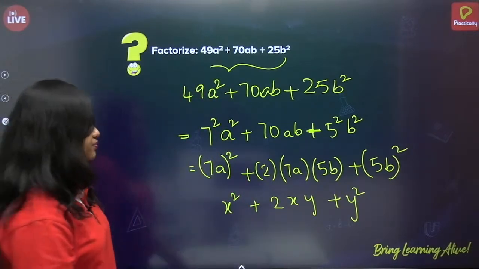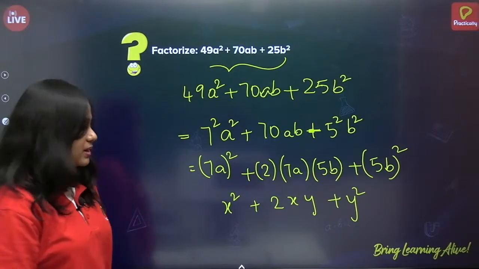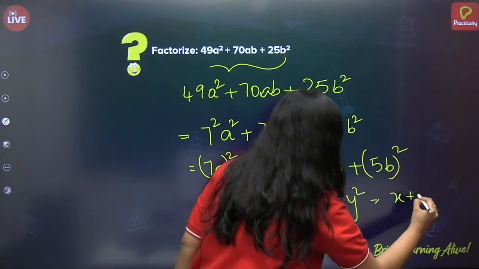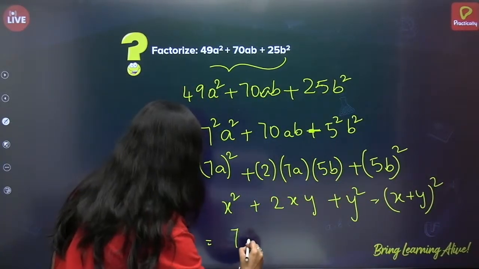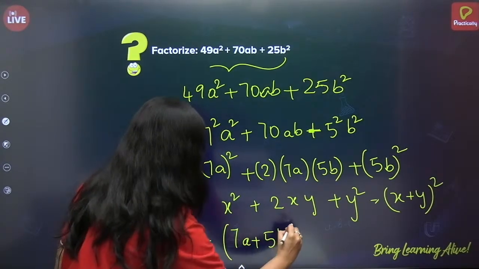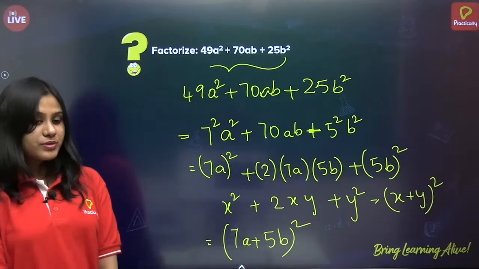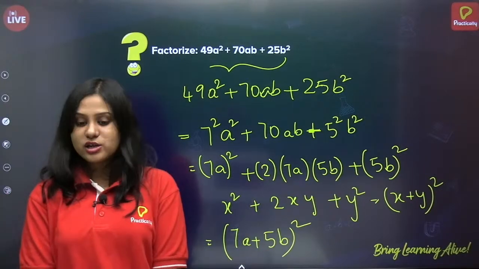Yes, right? This is of the form x square plus 2xy plus y square. So what does it mean? (x plus y) whole square. So just write it in that form: (7a plus 5b) whole square. Alright, did everyone understand how to factorize this using the algebraic identity?